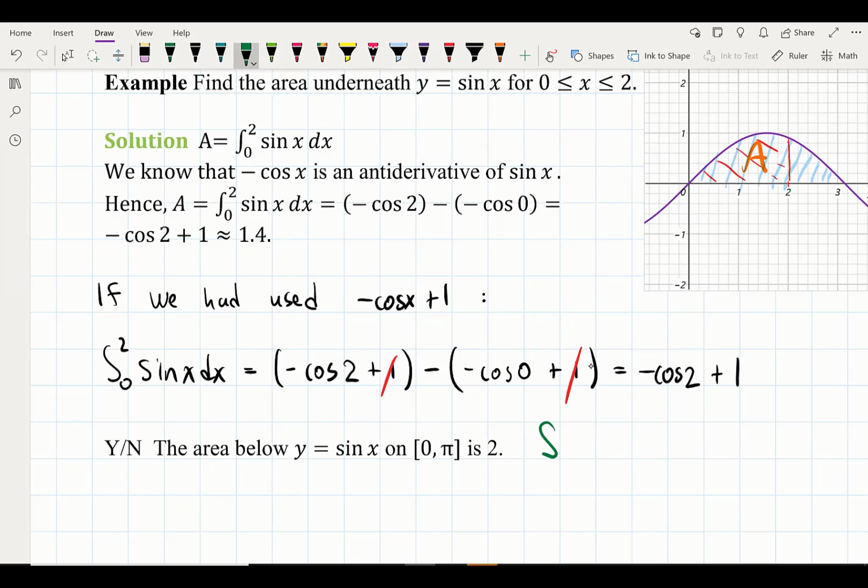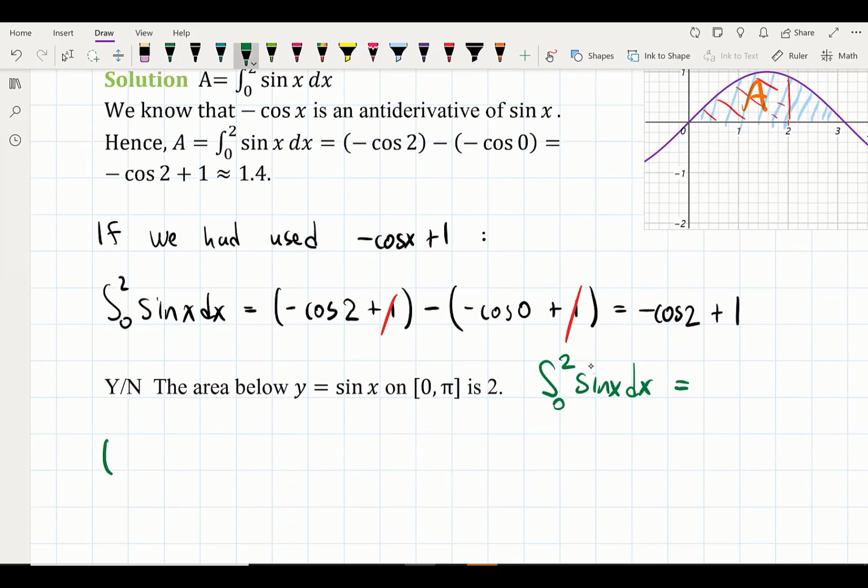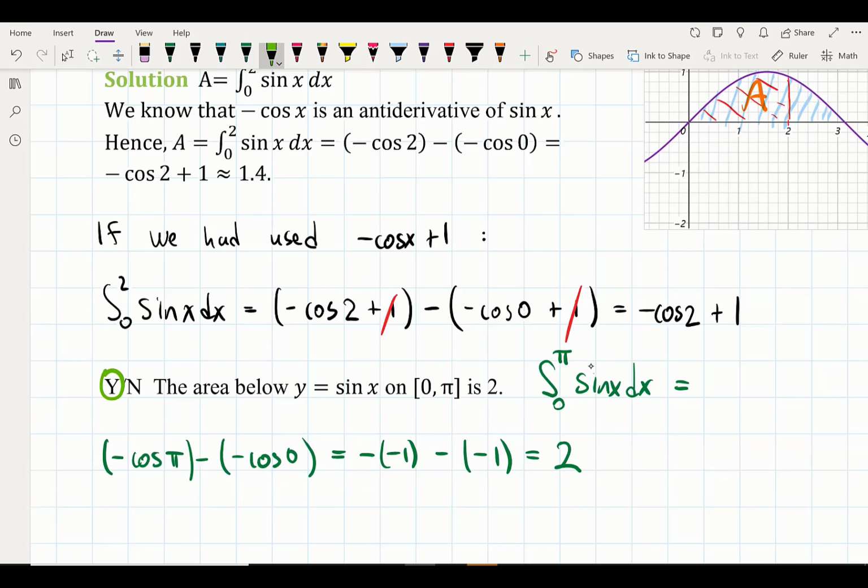It's going to be the integral from 0 to 2 of sine x dx. So that will be negative cos, sorry, my bad, not 0 to 2, 0 to pi, sorry about that. That will be negative cos pi minus negative cos 0. That's negative 1 minus negative 1, which is 1 plus 1, which is 2. So the answer is yes.